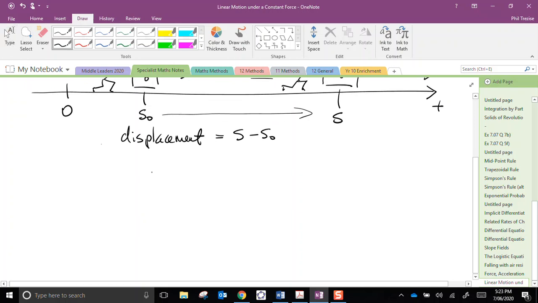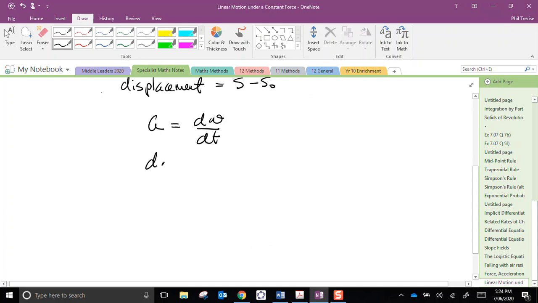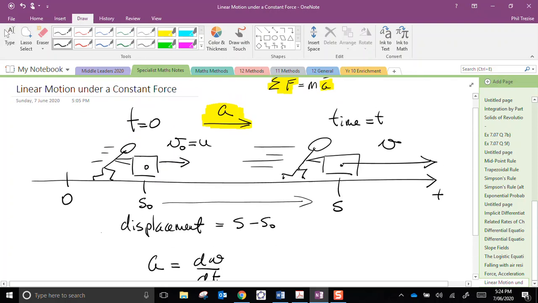So, let's see how we go. We begin from constant acceleration. Now, we know that acceleration is the derivative dv/dt. It's how quickly the velocity changes. So let's solve this. I would have dv equals a multiplied by dt, integrating both sides, v equals at plus a constant of integration. I'll evaluate that constant from my initial conditions. So when t equals 0, v0 equaled u.